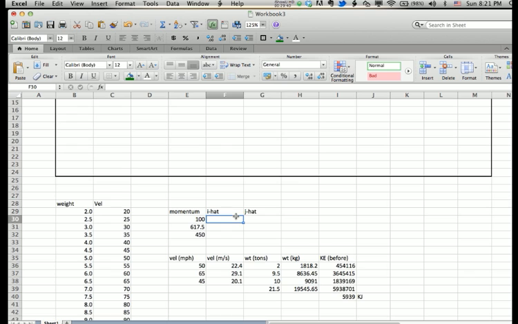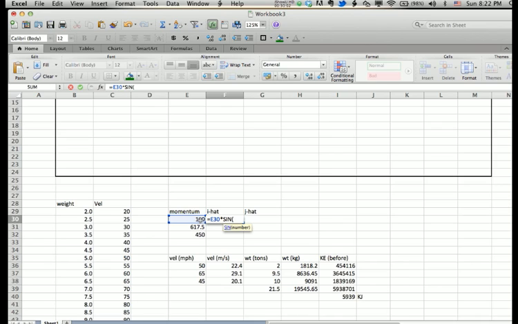So we're going to take equals the momentum vector times the sine of, and usually we'd be able to put the number in there.